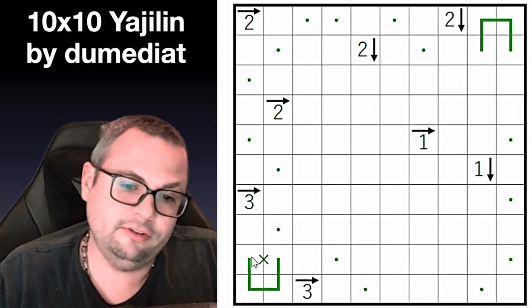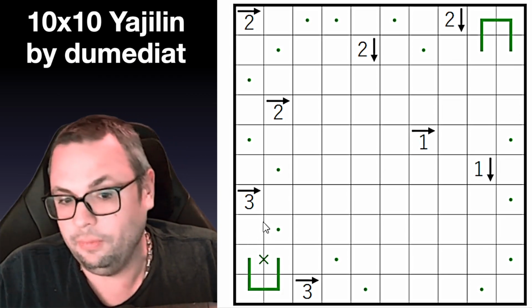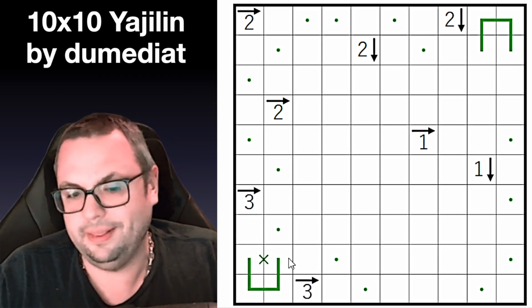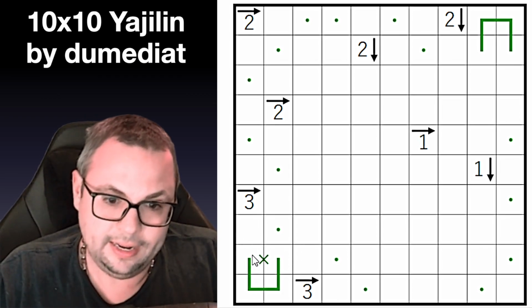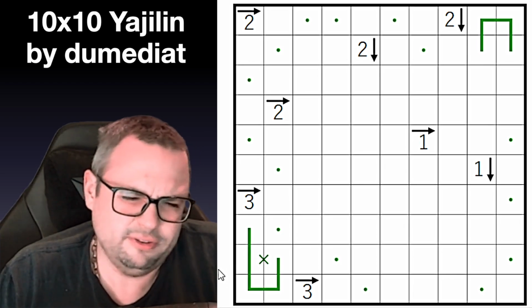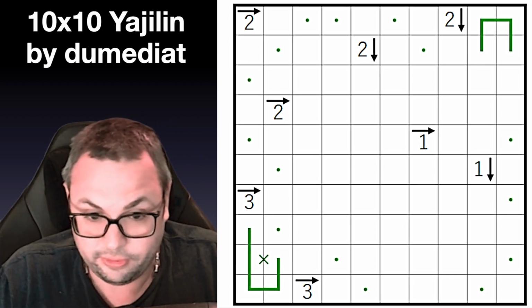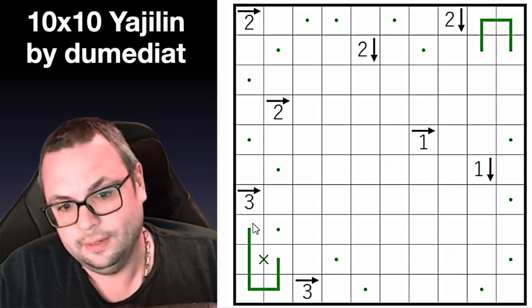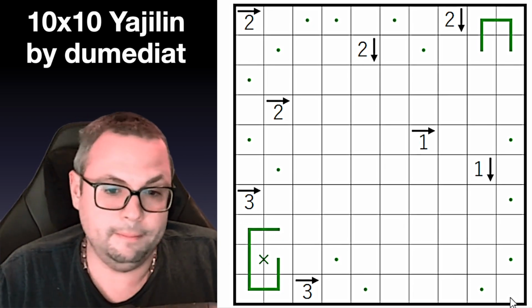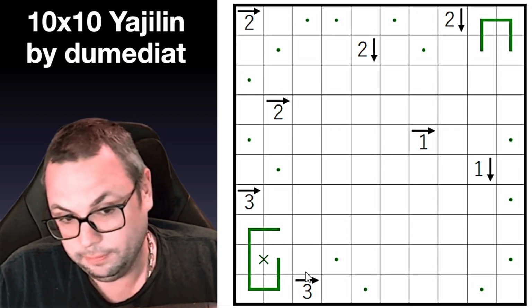And so now this is what I call a corridor. This cell only has two places it can connect to once I realize it can't connect here. And so therefore it connects up and down. So the only difference, I sometimes will call this a corner anyway, but the only difference between a corner and corridor is whether the two sides are next to each other or opposite each other. Okay, and then conveniently, this has now become a corner.